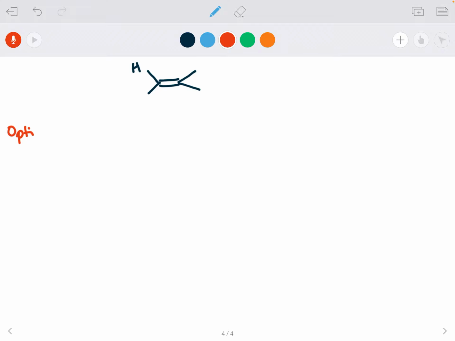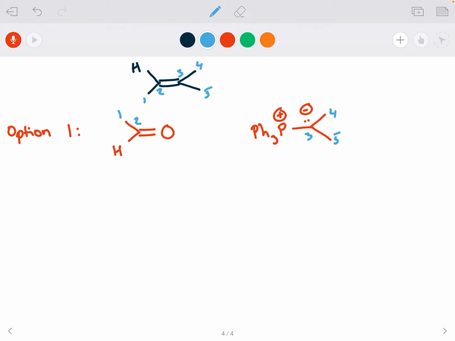Option 1, I use an aldehyde, and then my ylide, which I'm going to write in its abbreviated form, would be this compound here. This would be carbon 1, 2, 3, 4, 5. Over here, this would be 1, 2, 3, 4, 5.